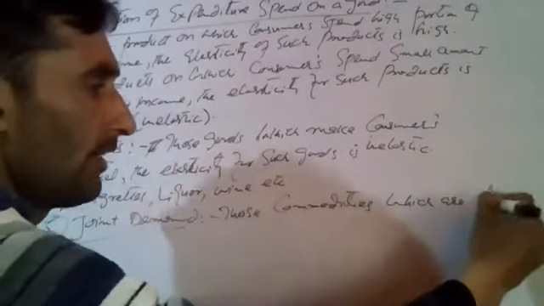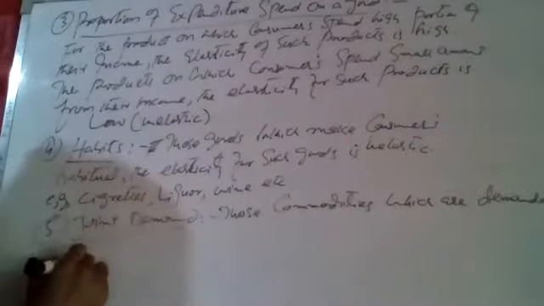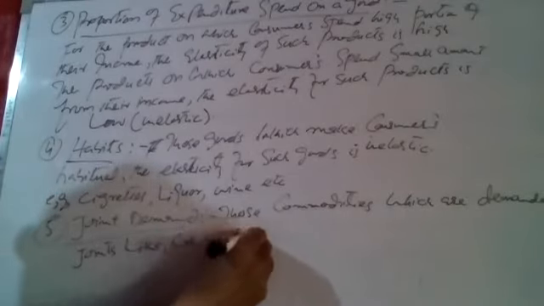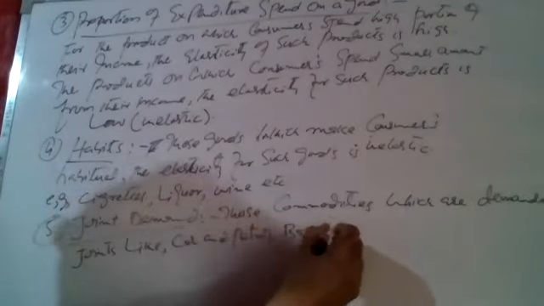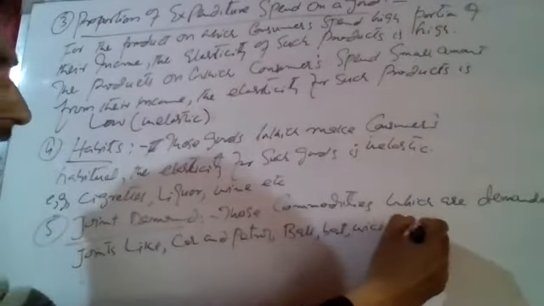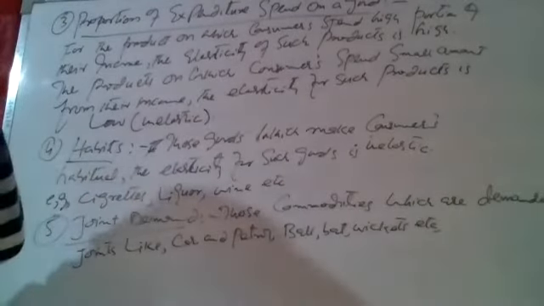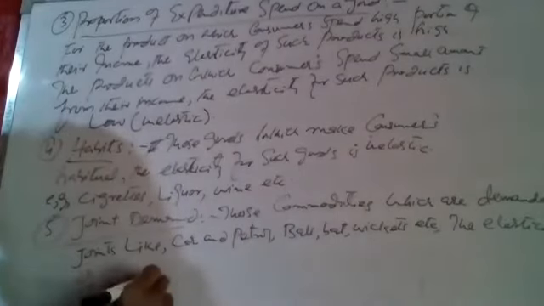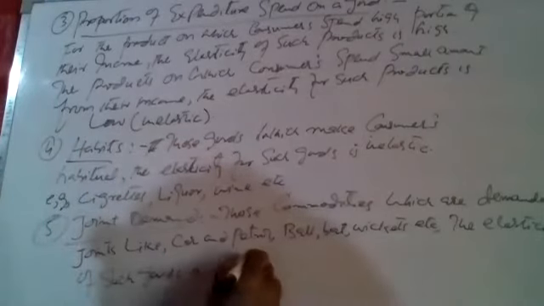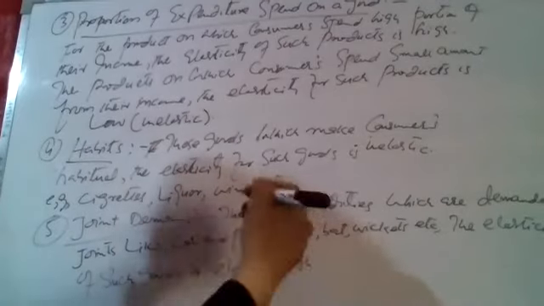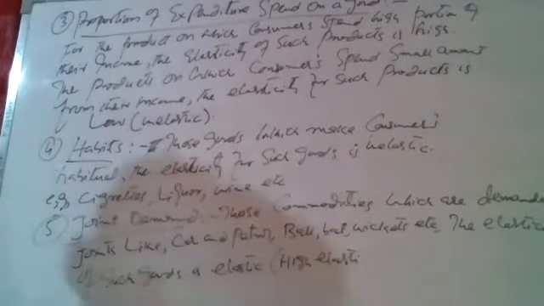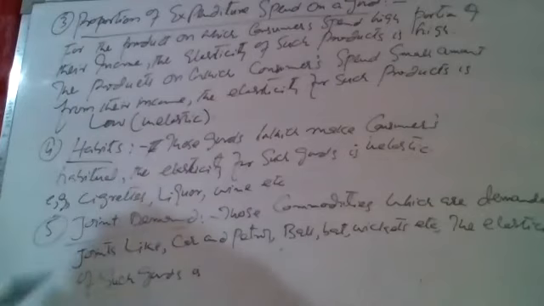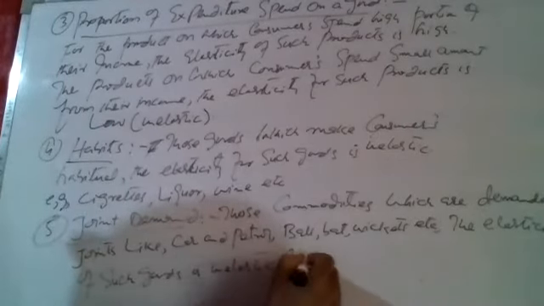So for those commodities which are demanded jointly or used jointly, like car and petrol, इसी तरह ball, bat, wickets, etc., the elasticity of demand for such goods is inelastic or less elastic, not highly elastic.